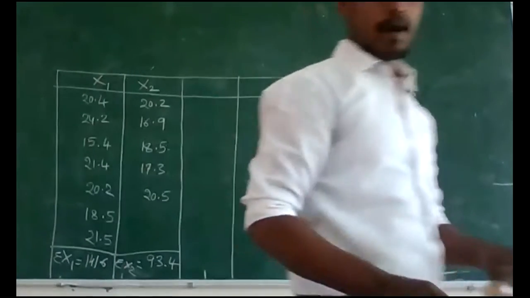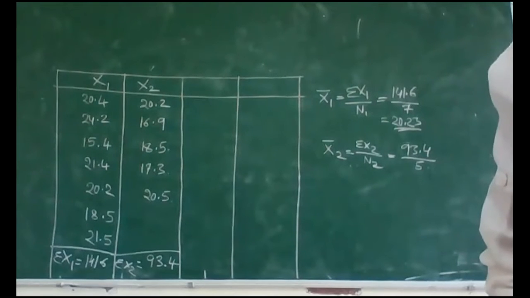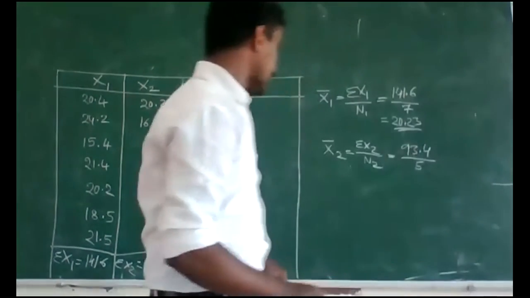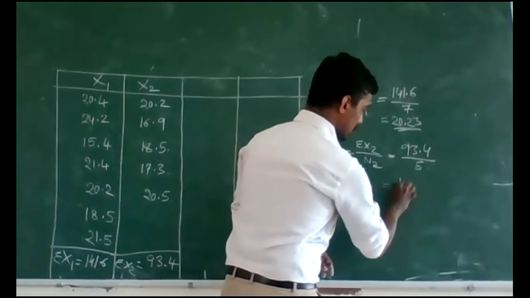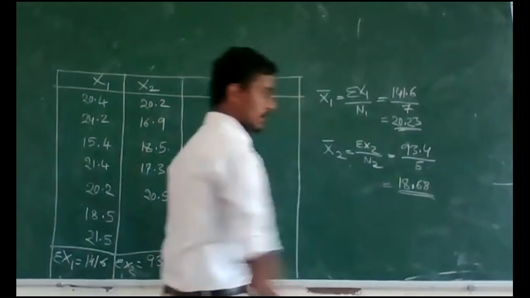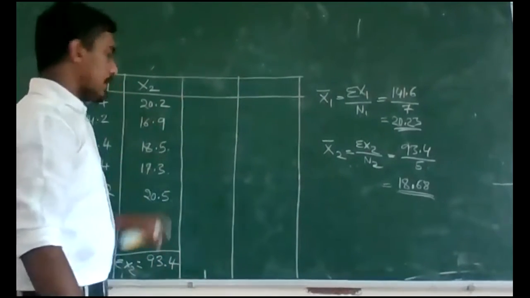Calculate. 18.68. 18.68 is the sample mean of company B.